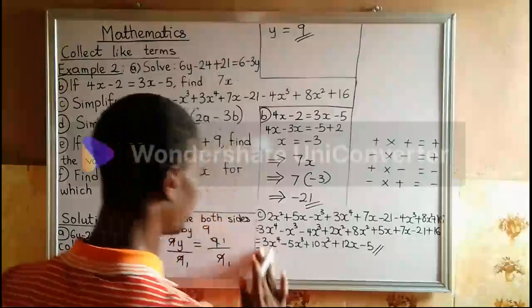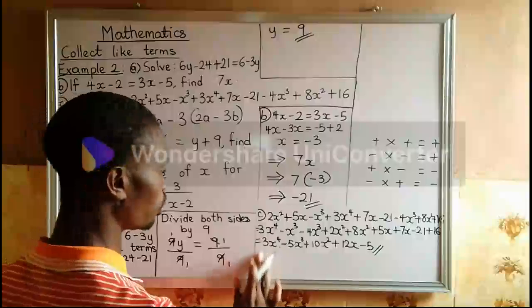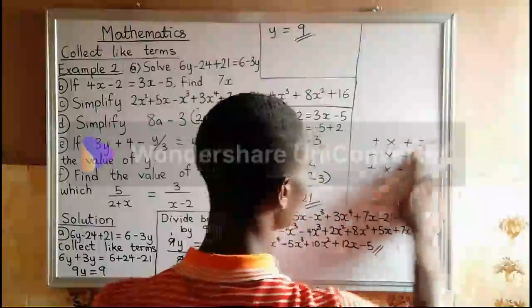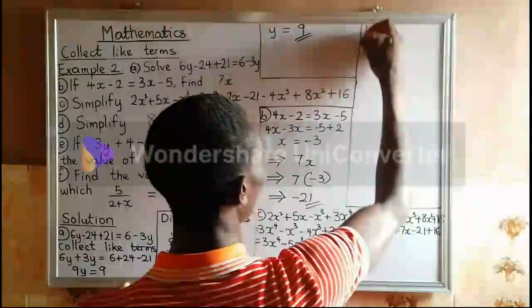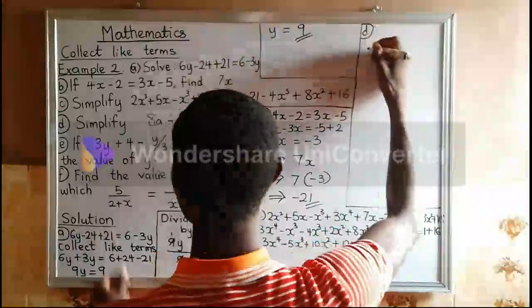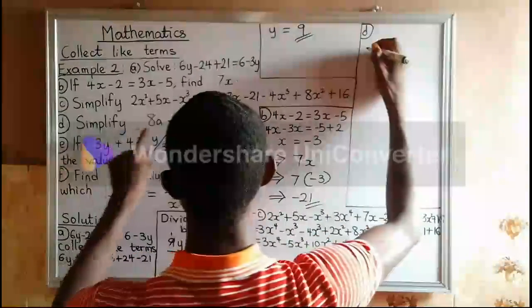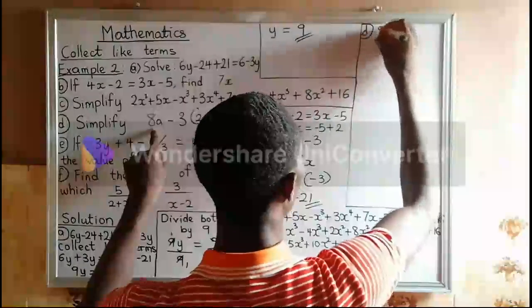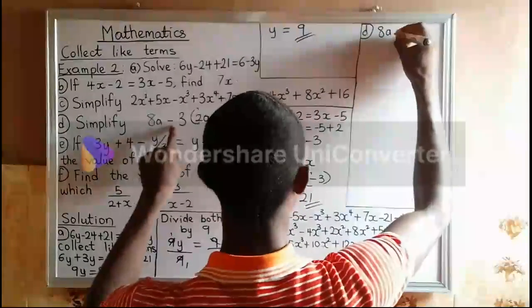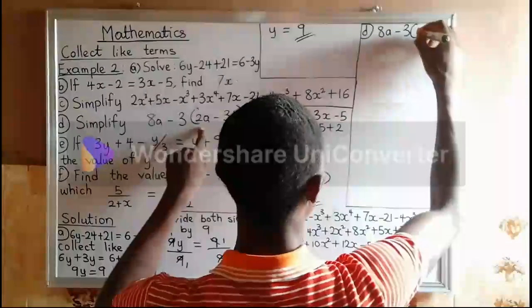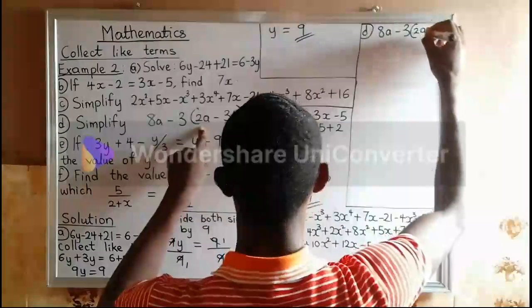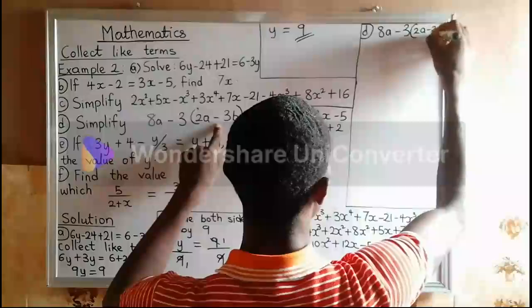And that says, okay, let me just start that on a fresh page. Okay, example 2D. Also simplification, but this time we have 8a minus 3 into bracket 2a minus 3b.